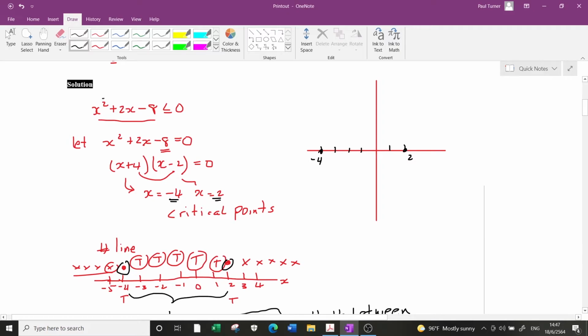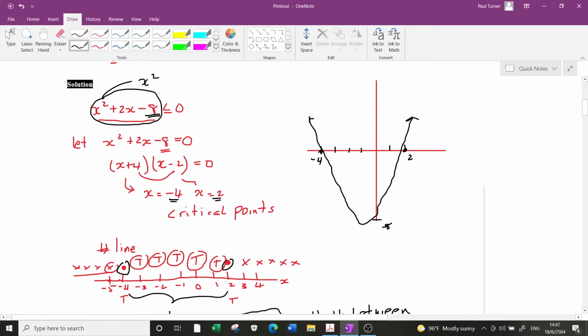Notice that this is a quadratic, and the family is the x squared family. So we know the graph will pass through the critical points, which are the x-intercepts, and also our y-intercept is -8. Put that in down there. So we'll go down here somewhere and go up. So we'll get a graph like that.